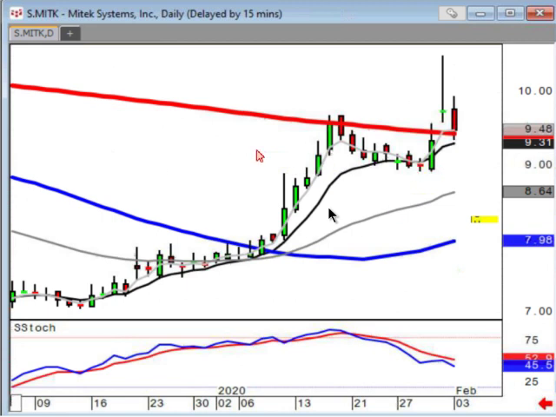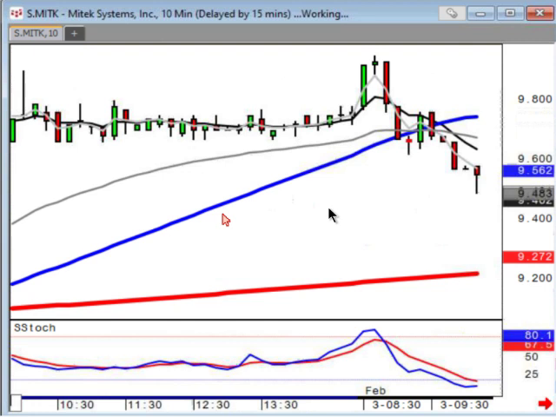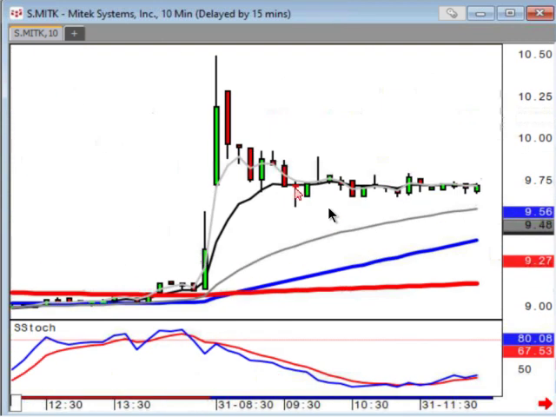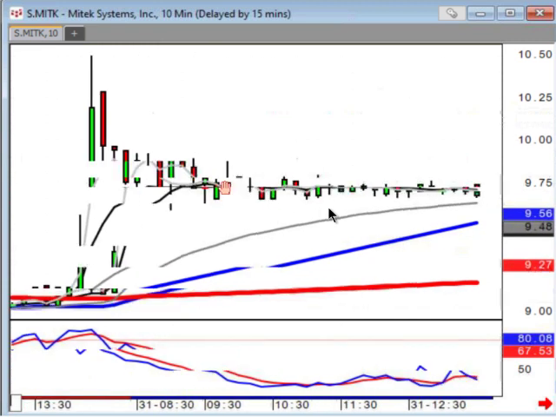Not out on Friday. Oh, question mark? Yeah, if you had been in it and it ran up here that fast, and it came back down here and didn't hold the T line, yeah, maybe you come out of it.